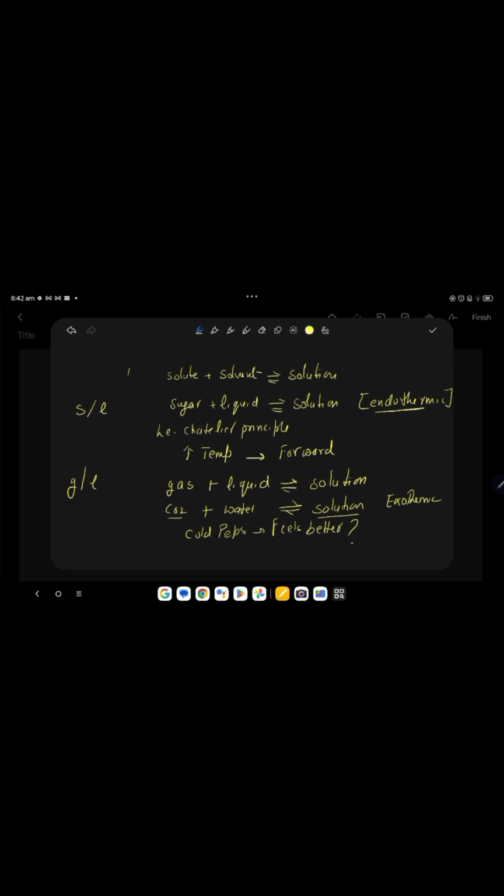Because the reaction is exothermic. So if the temperature is increased, the reaction will go in the backward direction. Backward direction means carbon dioxide and water will be separated from each other.